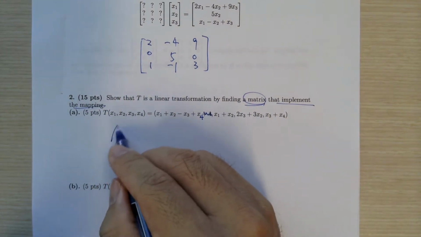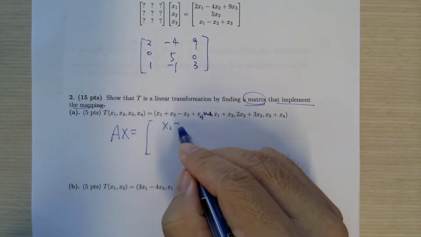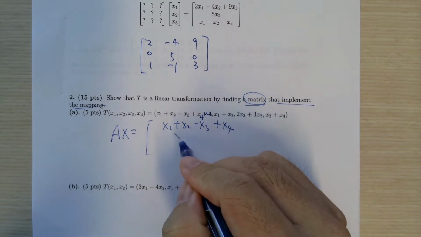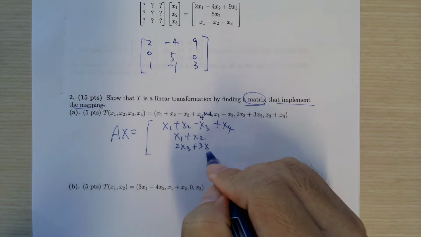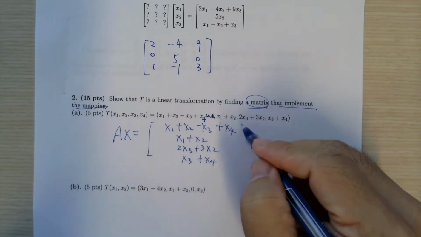So we're looking for A x such that this is true: x1 plus x2 minus x3 plus x4, and x1 plus x2, 2x3 plus 3x2, and x3 plus x4, right?